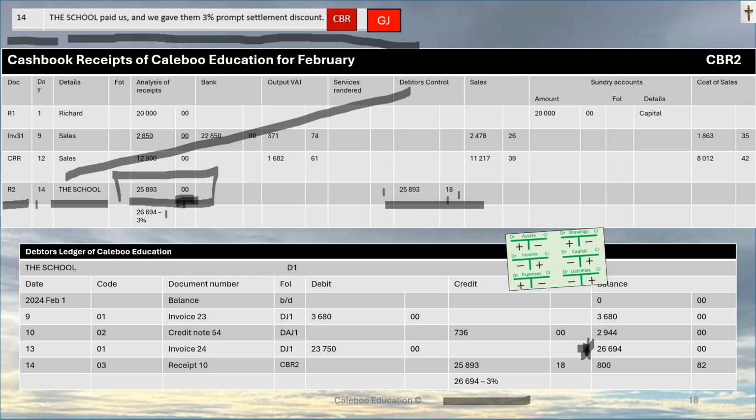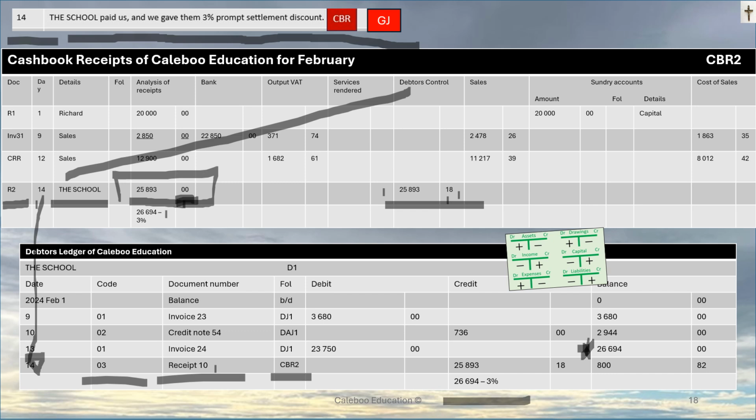That amount now gets recorded in the debtors ledger, the school account. The code for receiving money is 03. The document is a receipt. Don't forget to put in the number.